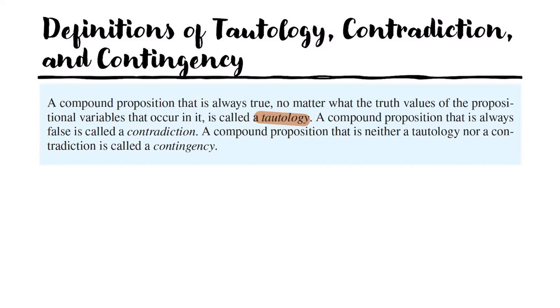If a compound proposition is always false, no matter what the propositional variables are, then we call it a contradiction. If a proposition is neither a tautology nor a contradiction, then we call it a contingency.